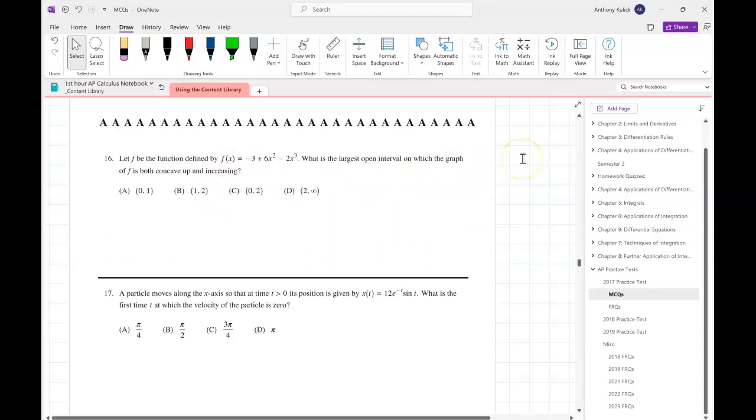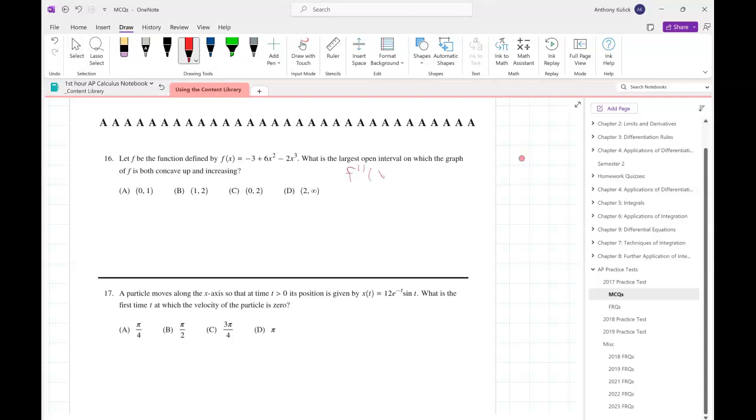16. We want the interval on which it is both concave up and increasing. How do I tell if something's concave up?